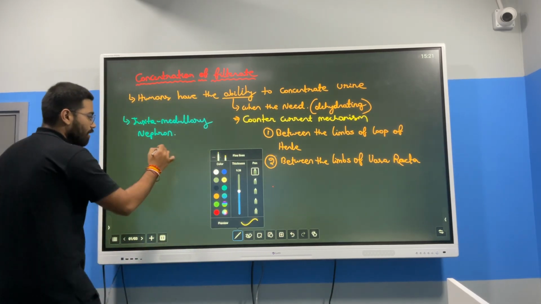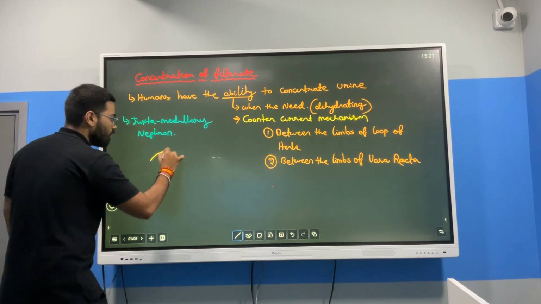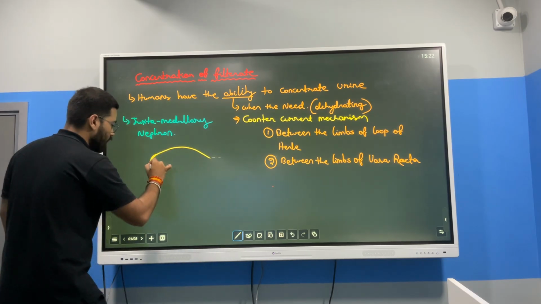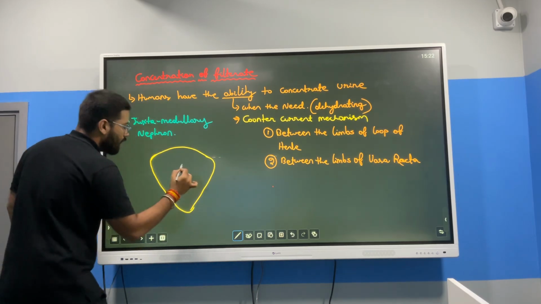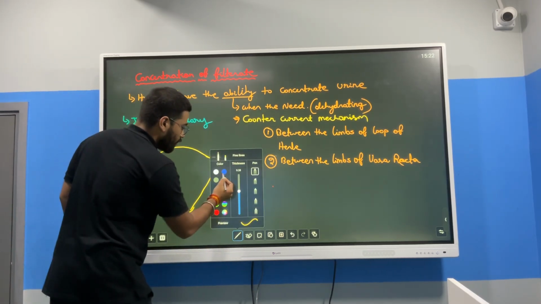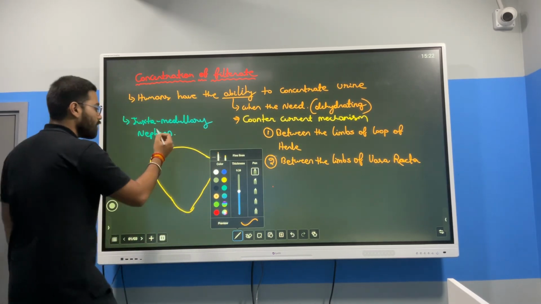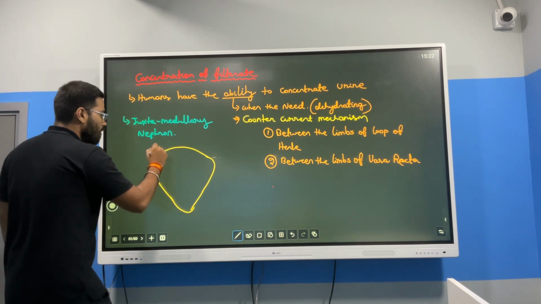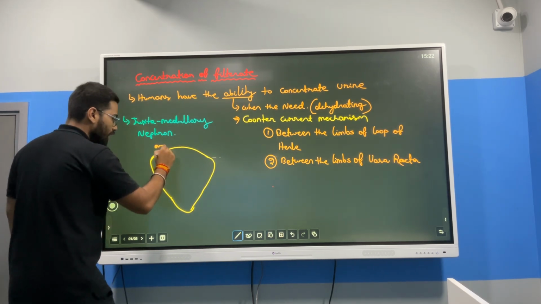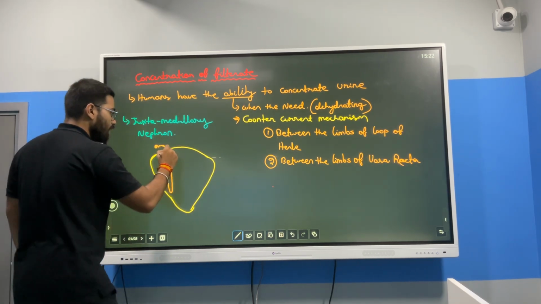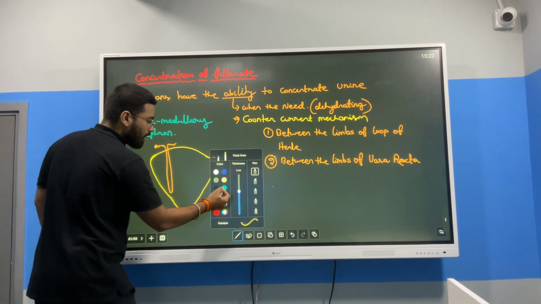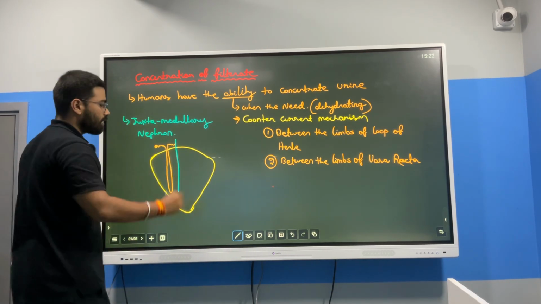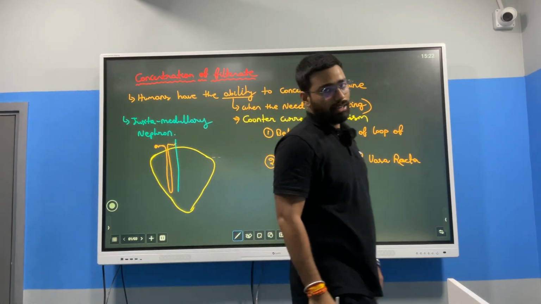If this is the cortex part of the kidney, then the juxtamedullary nephron has the glomerulus, followed by the PCT, then a long loop of Henle, then the DCT, and then a collecting duct.